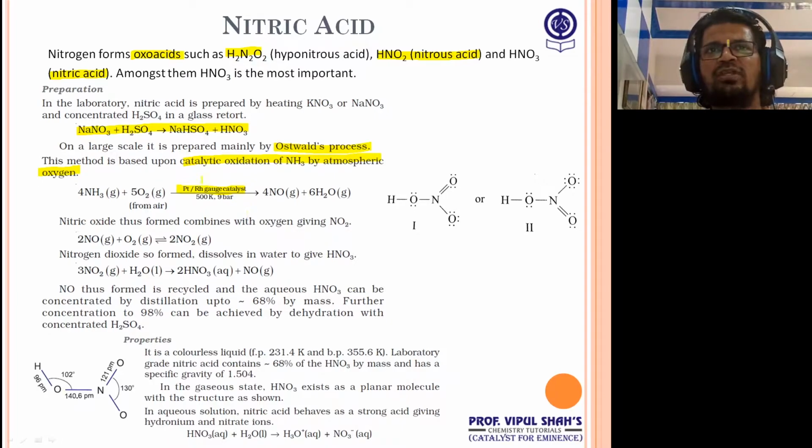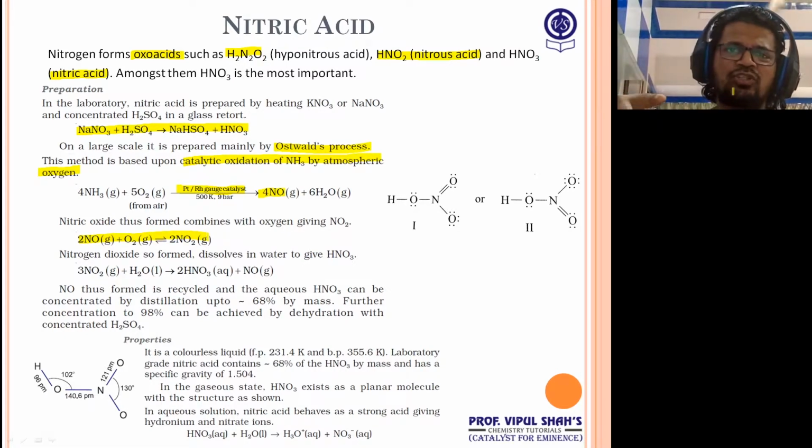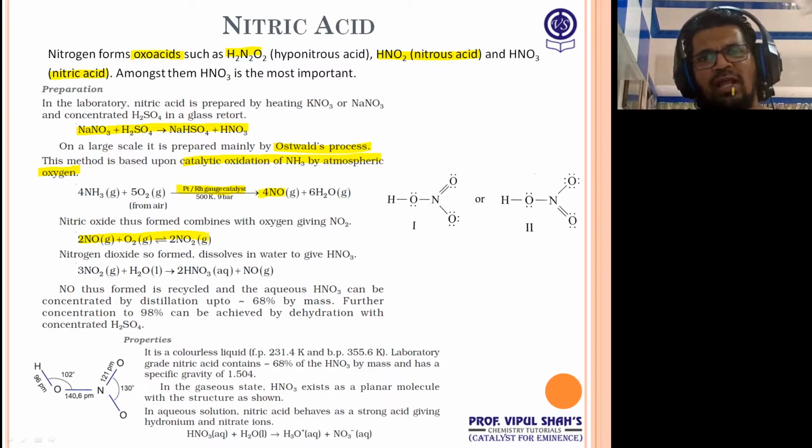First it forms NO and steam. NO is nitric oxide. That nitric oxide burns again with oxygen and gets converted to NO2. So the first part: ammonia with atmospheric oxygen in the presence of platinum or rhodium catalyst at a high temperature and pressure is first converted to NO, nitric oxide.